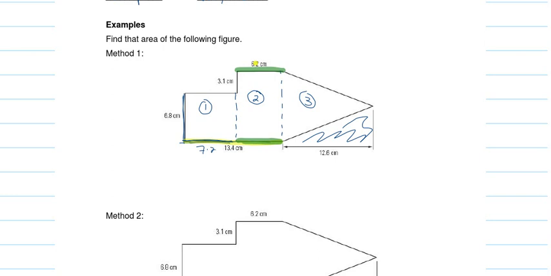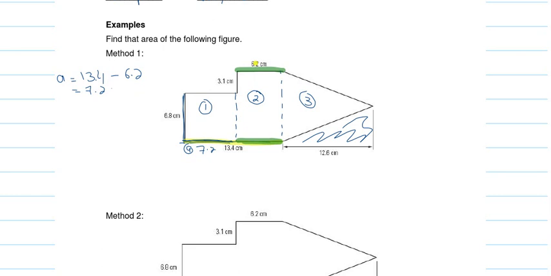I'm going to call it side A. To find side A, I had to do 13.4 because that's the whole length down there, and then I subtracted 6.2 from it to give me 7.2 centimeters.